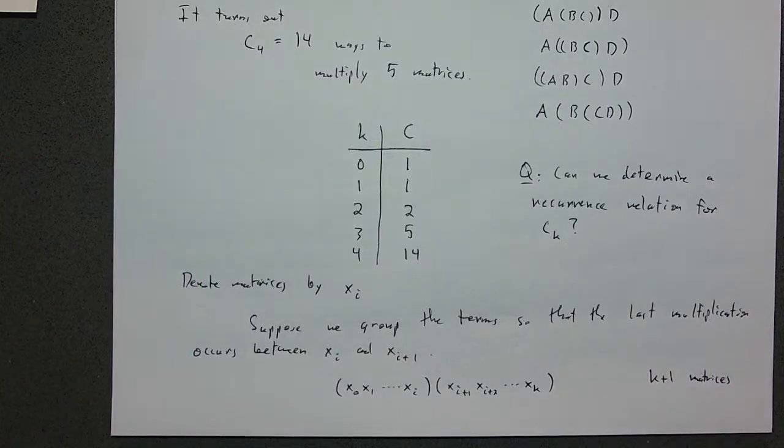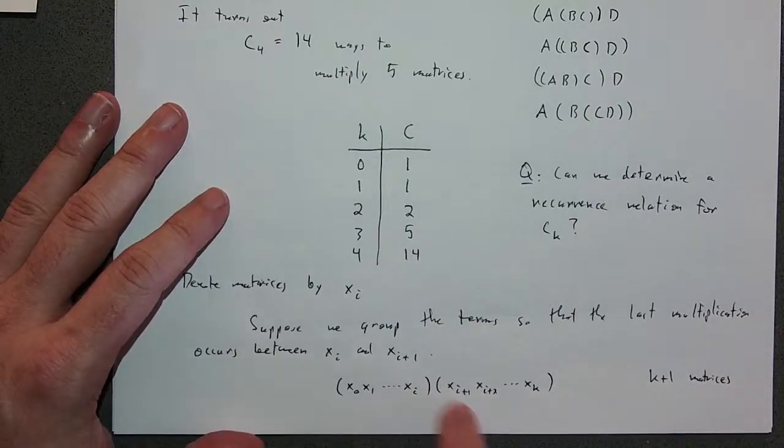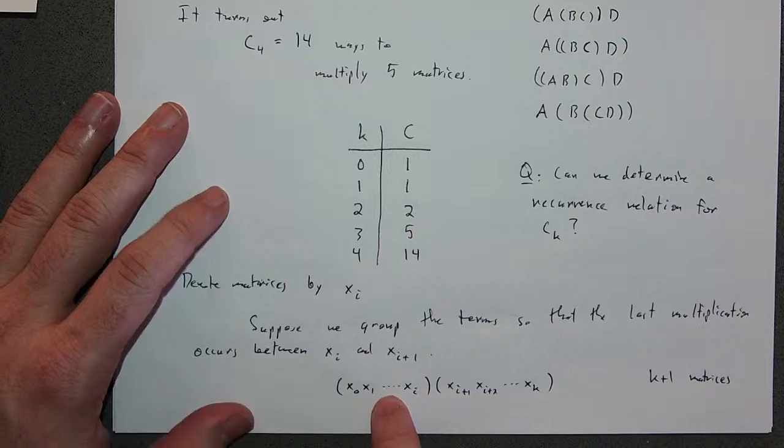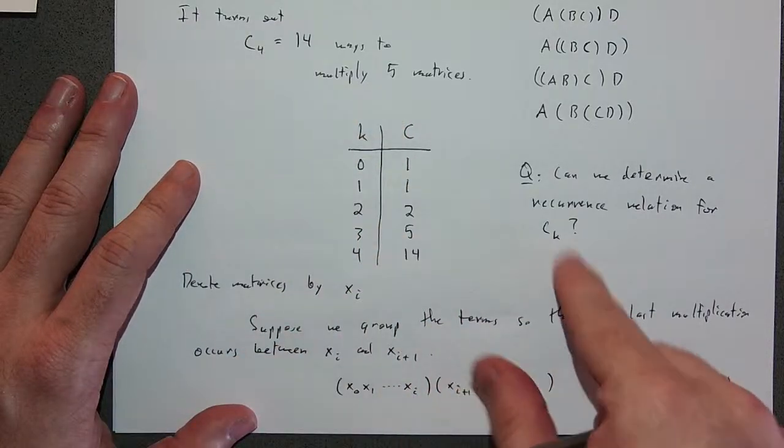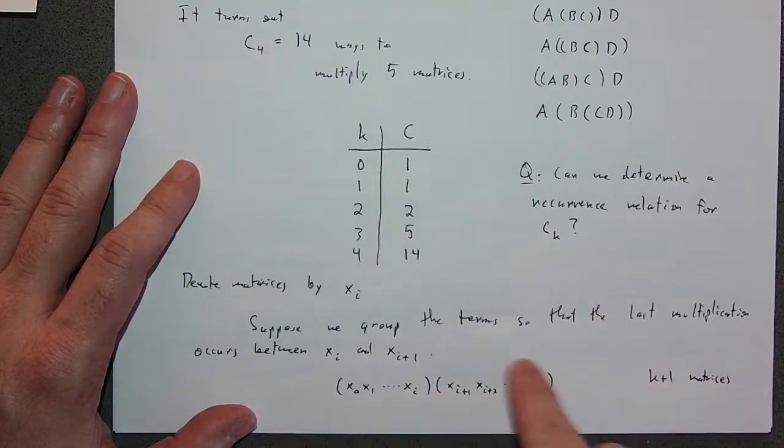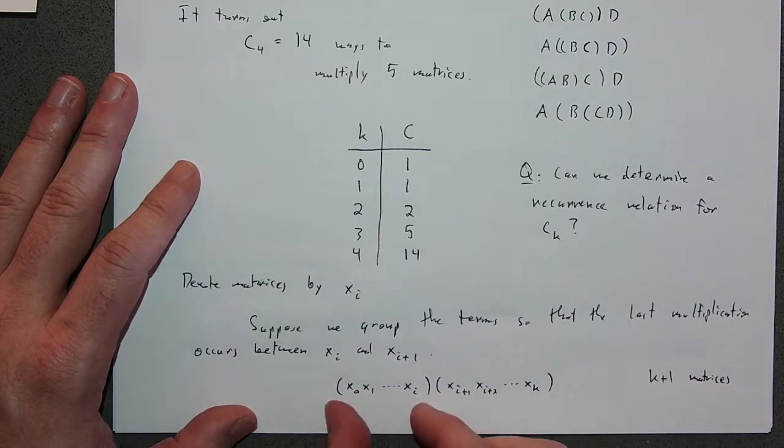Okay. So, how do I relate the Catalan number C sub k to the Catalan numbers for these subgroupings?